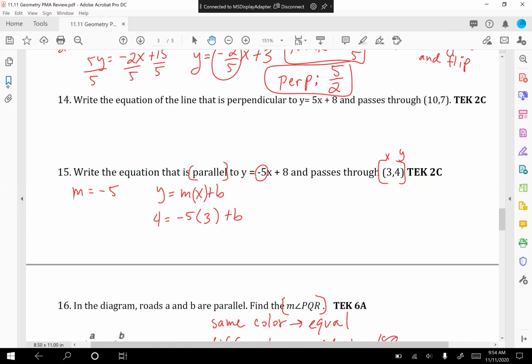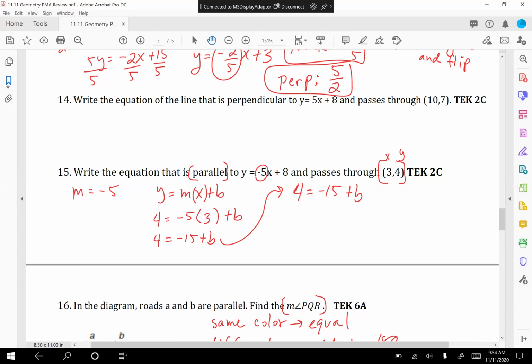And now remember, you multiply the -5 and the 3, so -15. Then you look at this number. Right now it's negative.